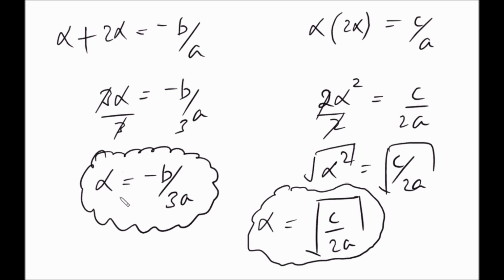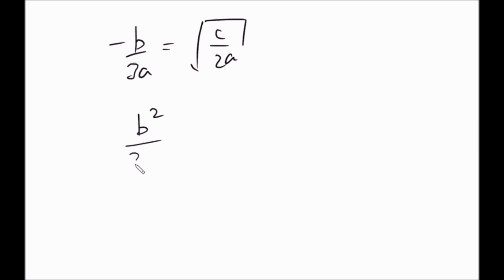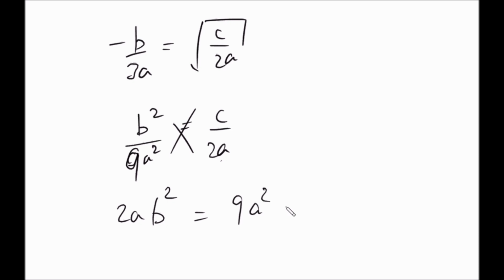Squaring both sides, you get b squared over 9a squared equals c over 2a. I mean 9a squared, sorry, 3 squared is 9. Cross and multiply, I get 2ab squared equals 9a squared c.